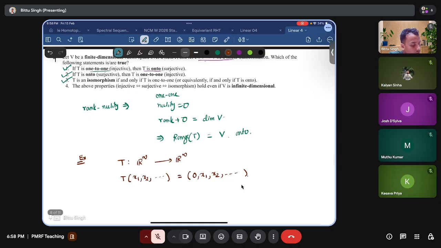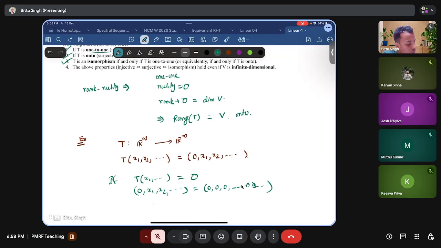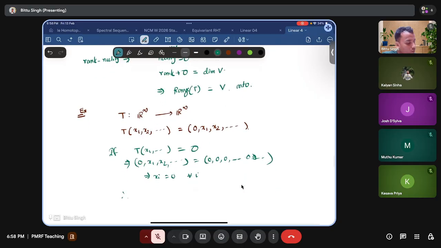Now can you see whether T is 1-1 or not? It is clearly 1-1. Why? Because if T of x1, x2, ..., xn, ... is 0, then clearly 0, x1, x2, all those components will be 0. So xi equals 0 for all i. Therefore T is injective.